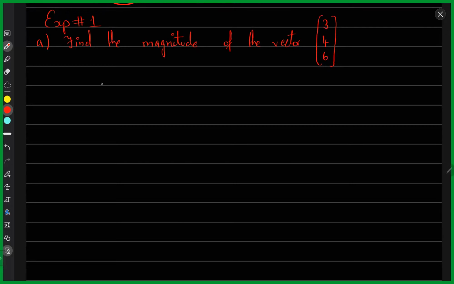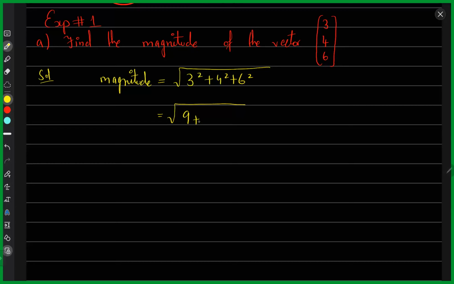So we know that the magnitude is going to be under the root and then the square of all the components. And then you can just write it down as 9 plus 16 plus 36. And this is going to give you root 61. So this is going to be the answer.